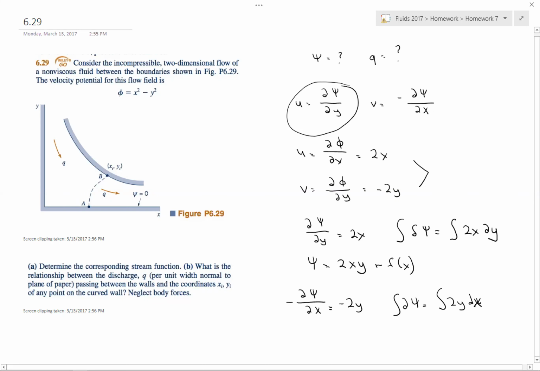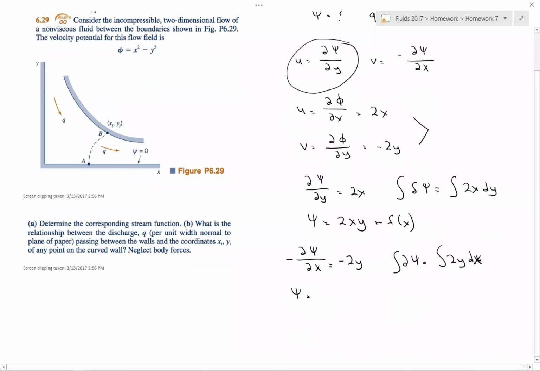And so what does that mean that this is equal to? Yeah. Now be careful here, and I see why you're doing it. This is 2y dx. So it's 2xy plus some function of y.